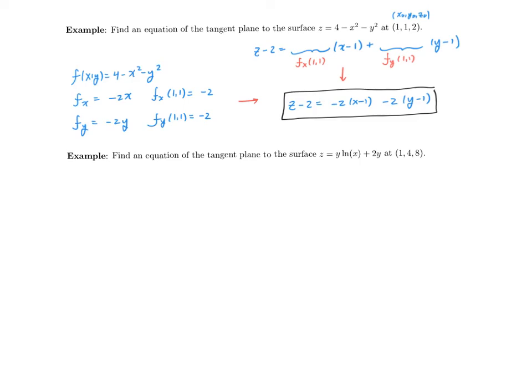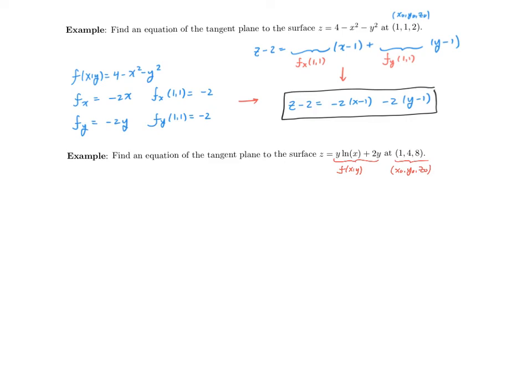Okay, assuming that you've paused your video and done a few computations, we have our function f of x, y, and we have our point x naught, y naught, z naught, just to make that correspondence as clear as possible.